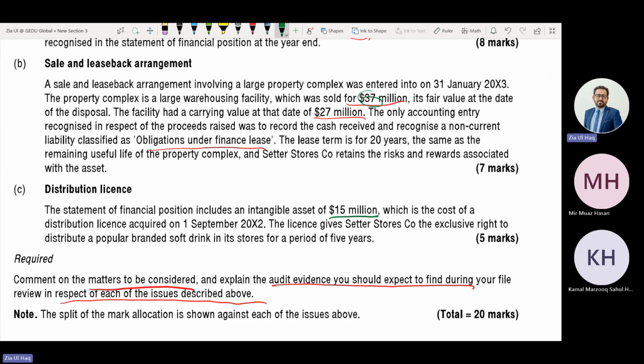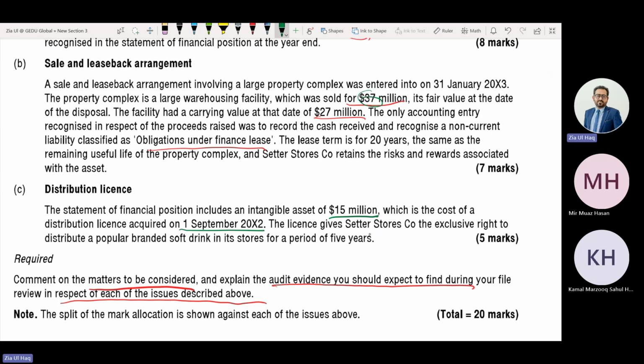First calculate materiality with total assets, which is the cost of a distribution license acquired on 1st September 20X2. This means from 1st September onward, its amortization should be charged. September, October, November, December, January, 5 months, because year end is 31st January.